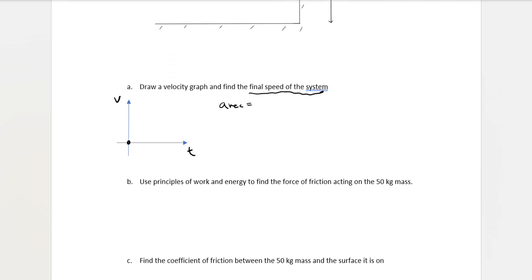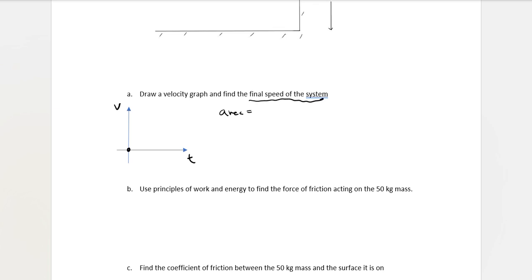All right, part B, use principles of work and energy to find the force of friction acting on the 50 kilogram mass. All right, so you write out the work energy theorem. That's the big long PE1 plus KE1 plus et cetera, et cetera. Let me add one more term to that, plus the work, the net work done on the system, equals PE2 plus KE2.